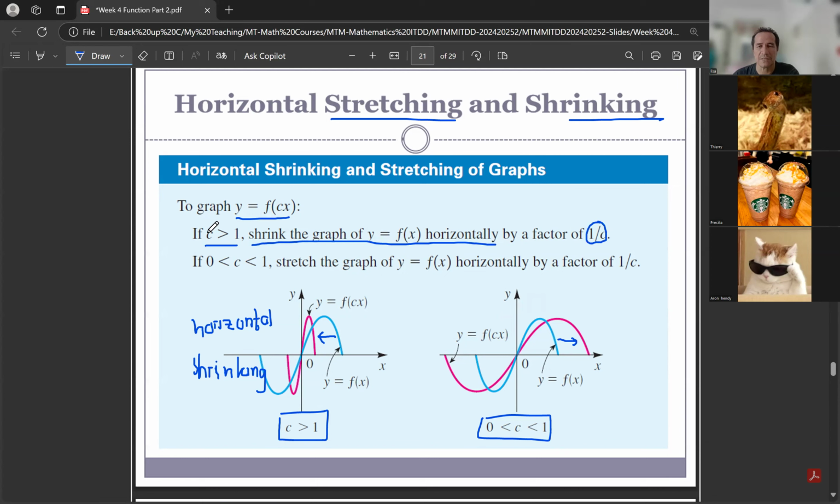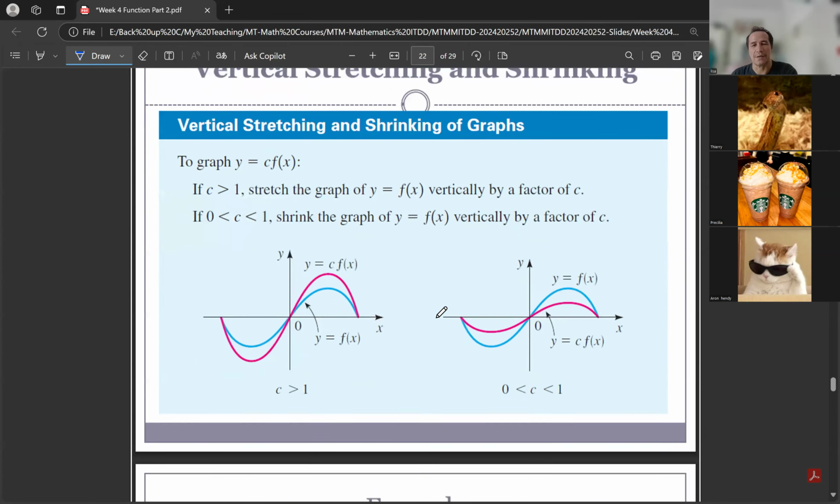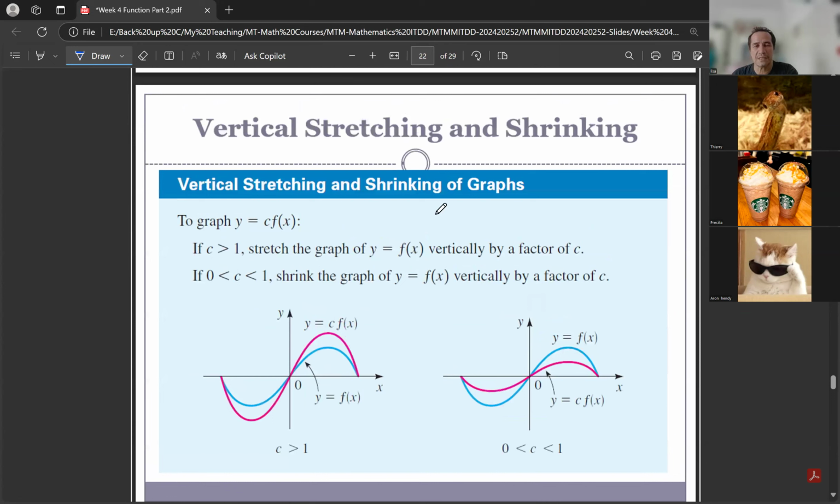In vertical stretching and shrinking, the factor is not 1 over c, but c.